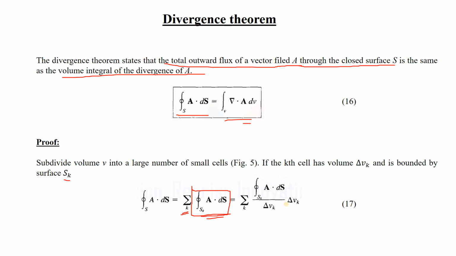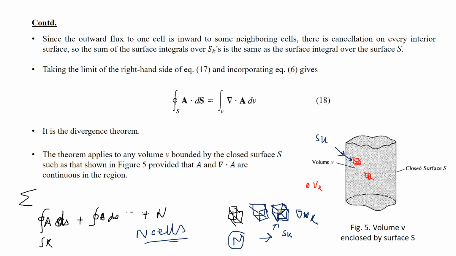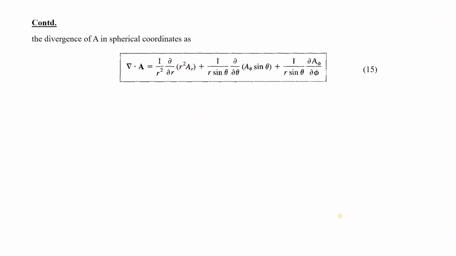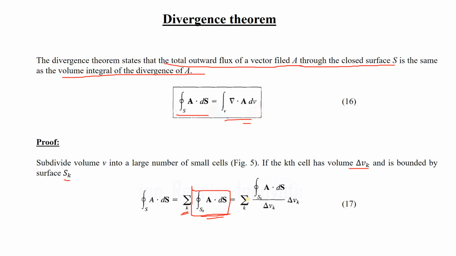Okay. Now if you multiply the numerator and denominator with the volume of the cell, delta Vk, you can represent it like this. Now considering that these volumes are very small, as if they tend to 0, delta Vk tends to 0.